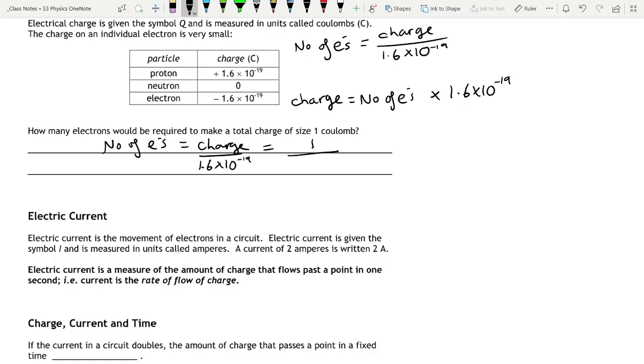The charge is just 1. So basically, I'm just testing you putting that into your calculator. If you are using your phone calculator, it's probably not going to work very well.